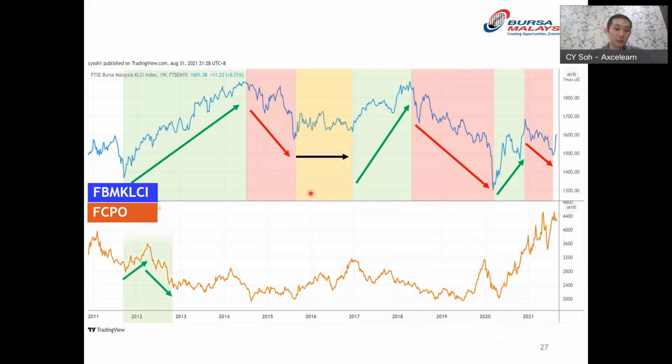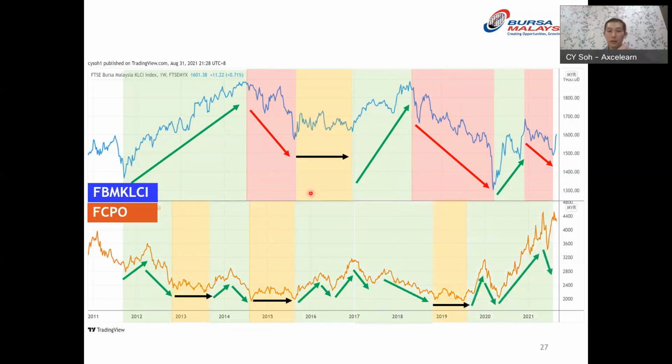Whereas for FCPO, because it is a futures product, you can trade both up and down markets. This is where you are able to benefit from it. Most of the time, you can see that it's either green or you don't lose from FCPO. Depending on the strategy that you use in FCPO, if we have an opportunity some other time, I would share with you some strategies of how you can trade FCPO.